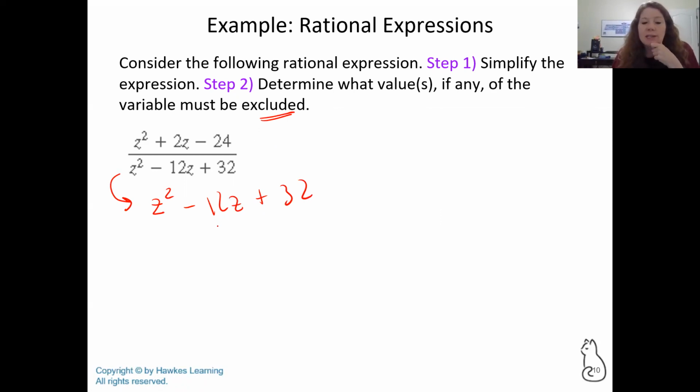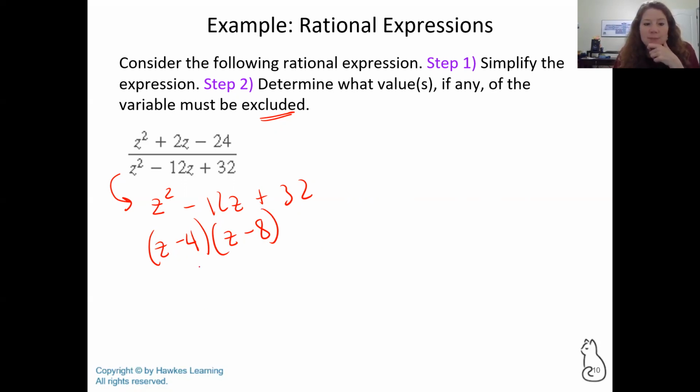So that would be, let's see, 2 and 16. How about 4 and 8? Yep, it's going to be 4 and 8. All right, so we have -4 and -8. So -4 times -8 is +32, and -4 plus -8 is -12, right?